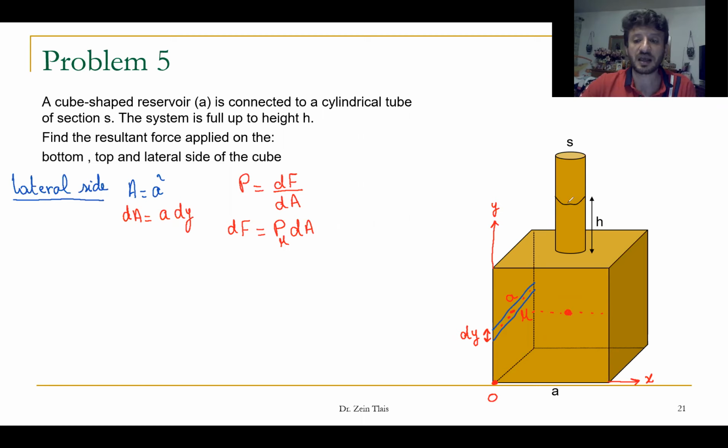we have the same P at this level. We have to take another point here, we can say N, where we have P0. So we can write here delta F equals PM. You know, PM equals P0 plus rho G times the distance between M and N. Let me write in details this point.